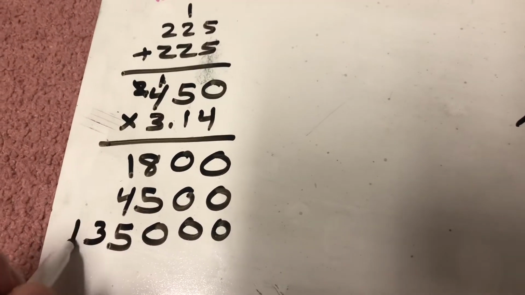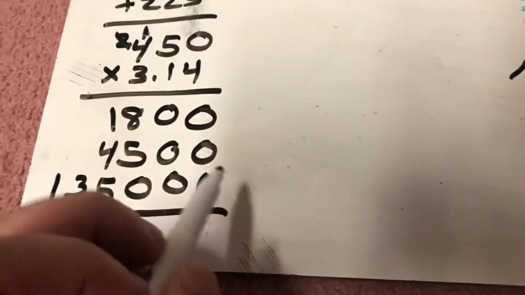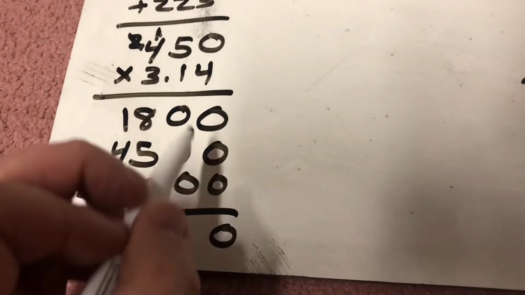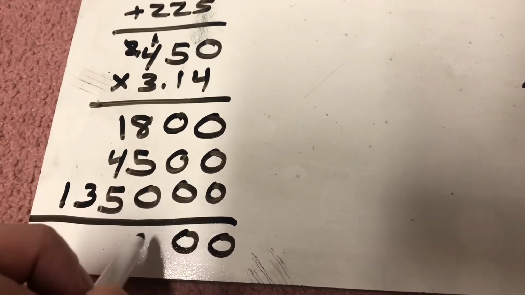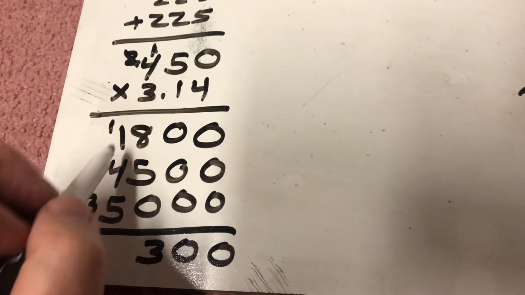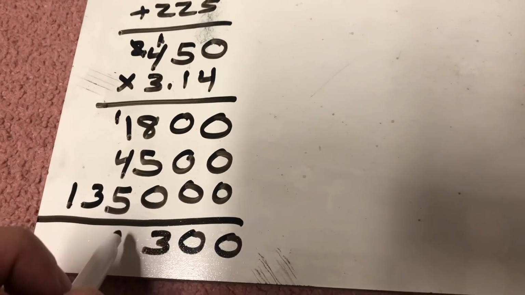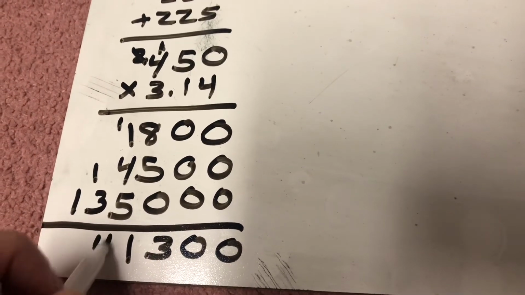Plus 1 is 13. Now I'm going to go ahead and add these together. 0, 0, and 0 is 0. 0, 0, 0 is 0. 8 plus 5 is 13. Plus 0 is 13. Put the 3 down, carry the 1. 1 plus 1 is 2. Plus 4 is 6. Plus 5 is 11. Put the 1 down, carry the 1. 1 plus 3 is 4.